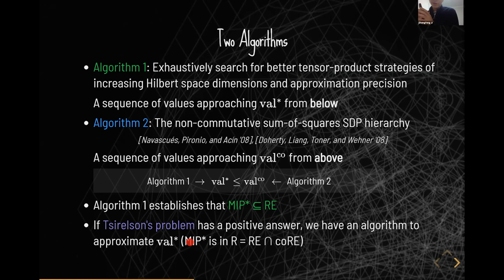So from the verifier side, it's the same. You just send out classical bit strings and receive classical bit strings. But how you define what the provers can do is now different. The provers can share an entangled state and do measurement, and they can end up with stronger correlations than in the classical setting, right?